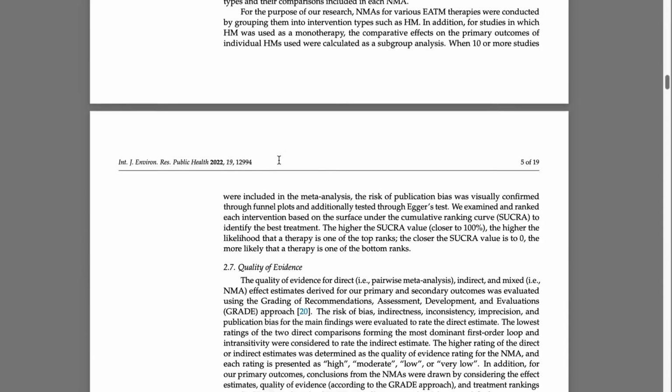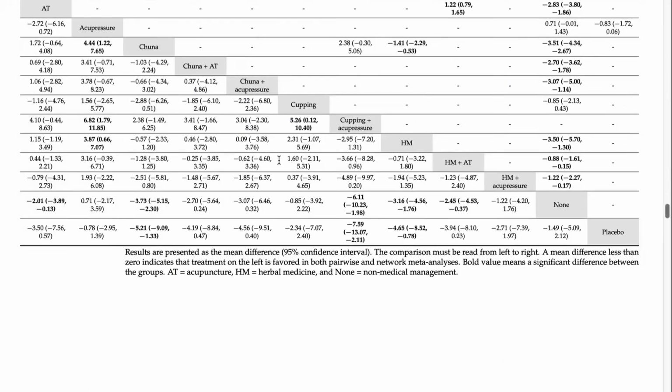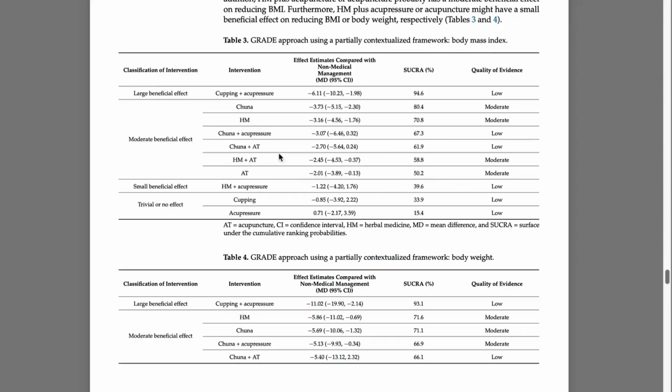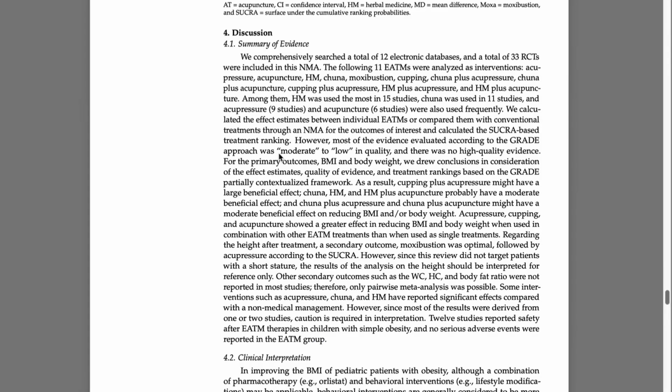So let's check the conclusion first. Discussion, summary of evidence. Actually, this is the part I demand you guys to do: summarize the articles you found. So we comprehensively searched a total of 2012 databases and a total of 33 RCTs.